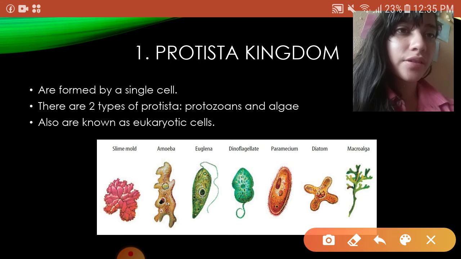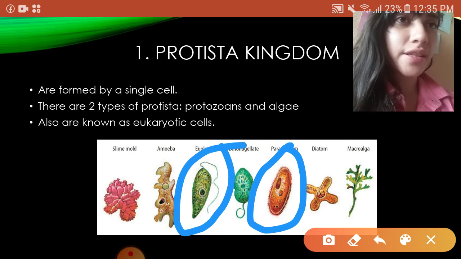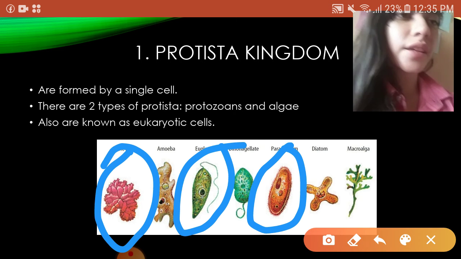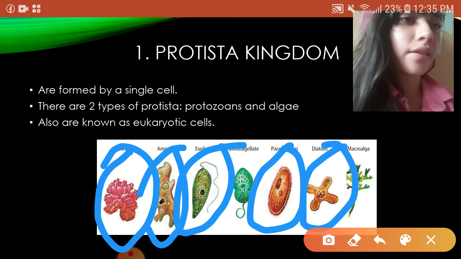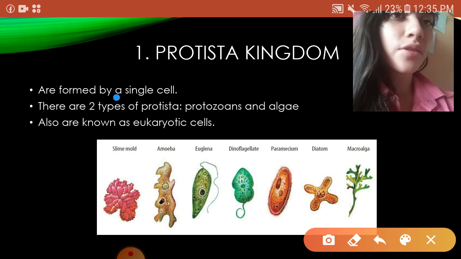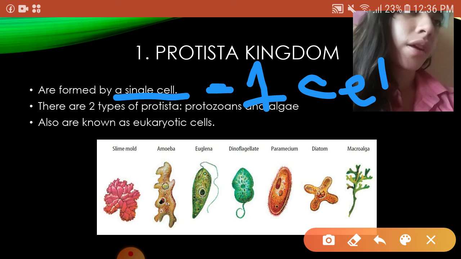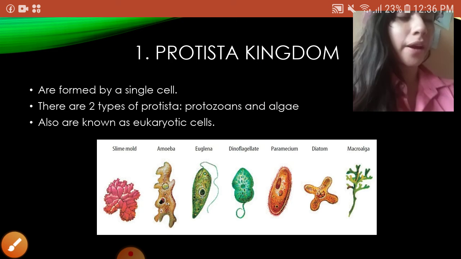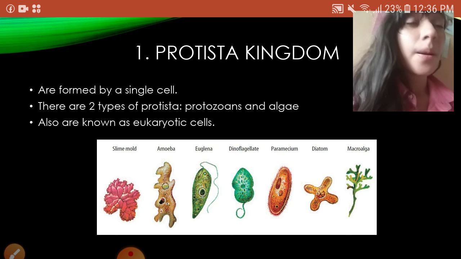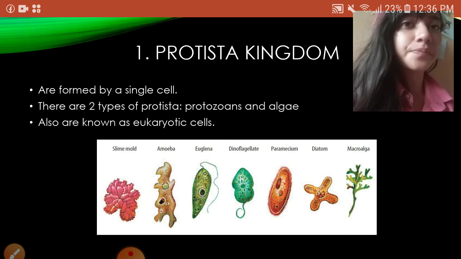If you look here, these are the microorganisms of Protista, and you can see it only has one cell. A single cell means only one cell. It is not like us, because we are formed by millions and millions of cells. But in the Protista kingdom, they only have one cell.